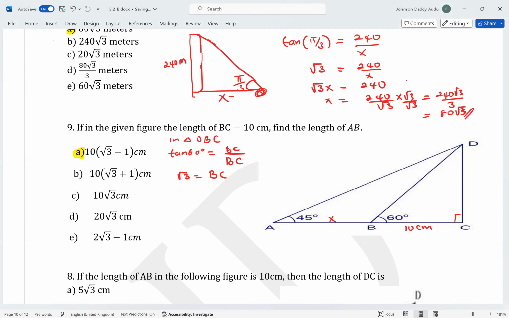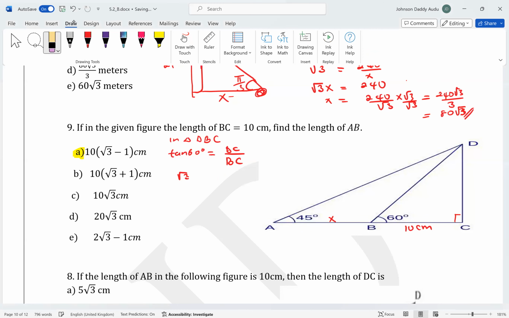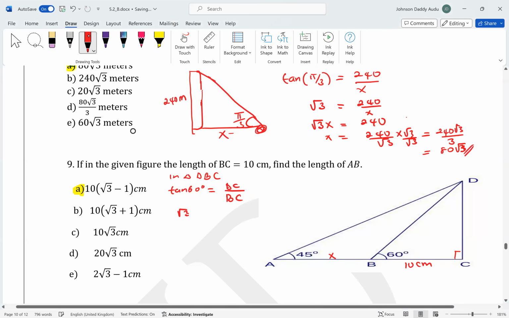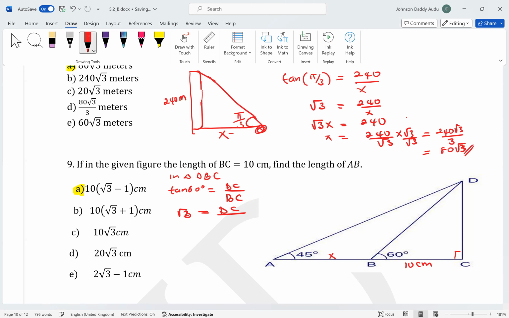So we have DC over BC. BC is given as 10. So from here, we can easily find DC, right?